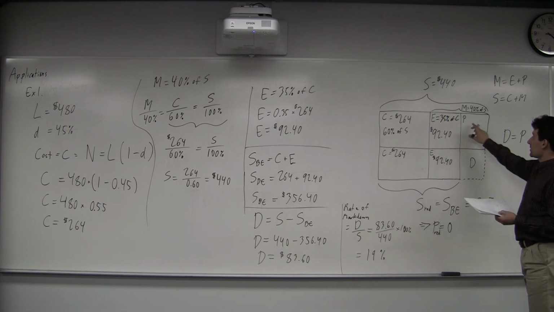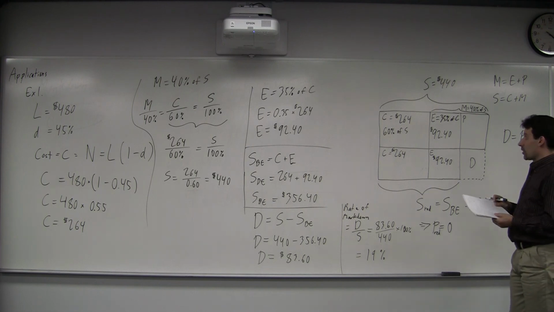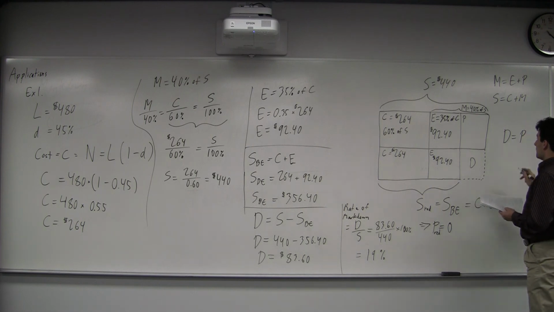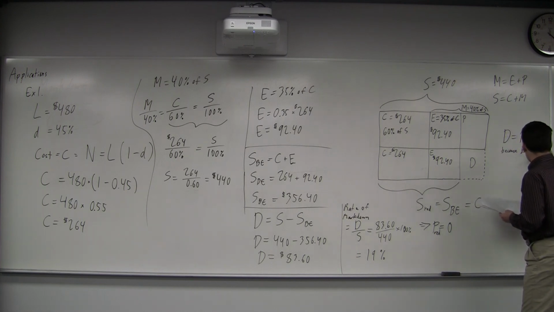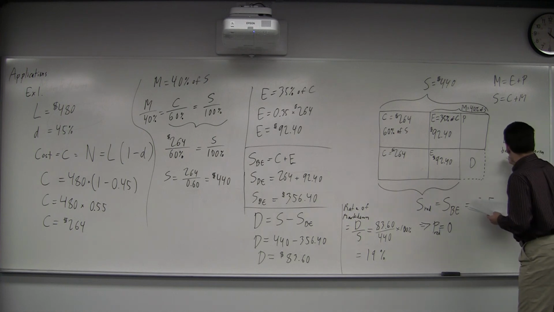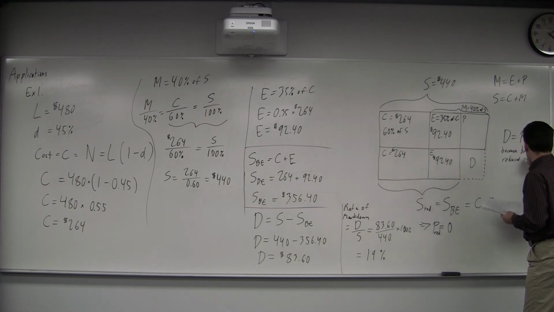So we could have also just calculated the regular profit. That would have been our markdown. So D equals P because break-even reduced selling price.